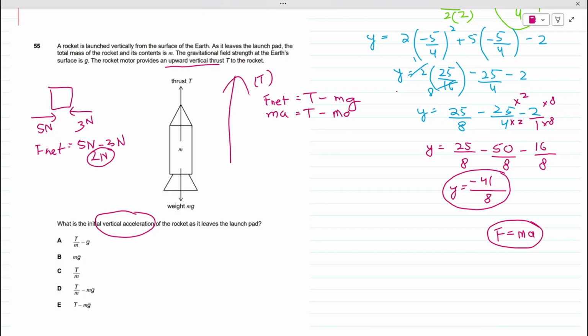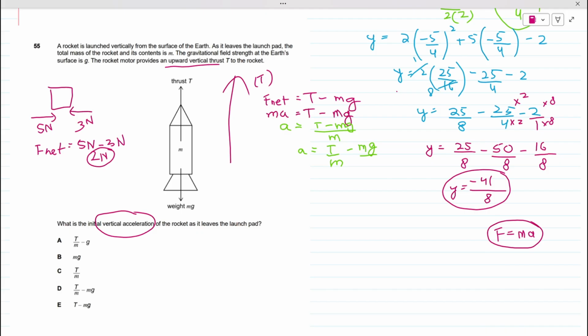What are we supposed to find? We are just supposed to find this a, right? So of course we have to make this a alone. So a equals T minus mg by m. Now you can break this denominator and write the denominator m under T as well and under mg as well.